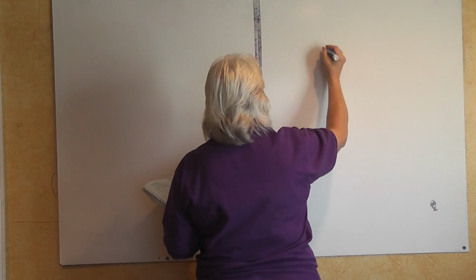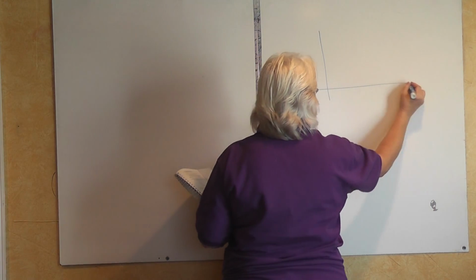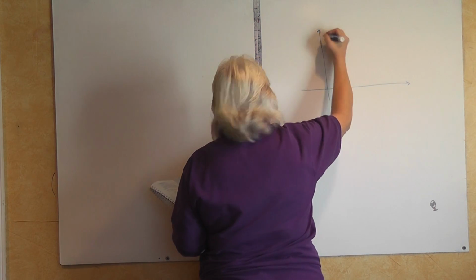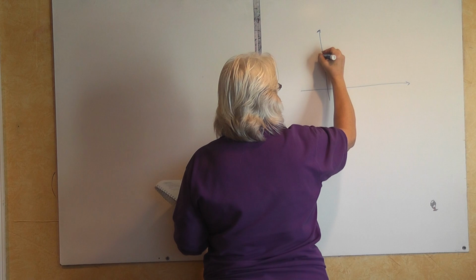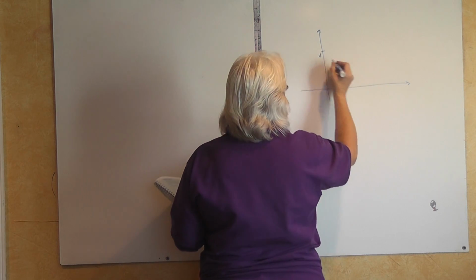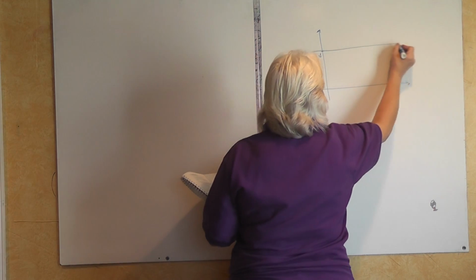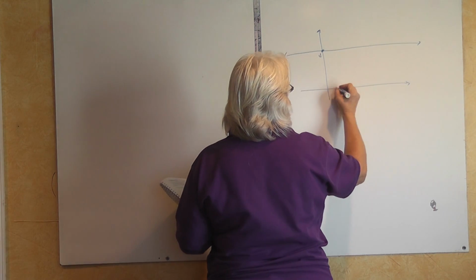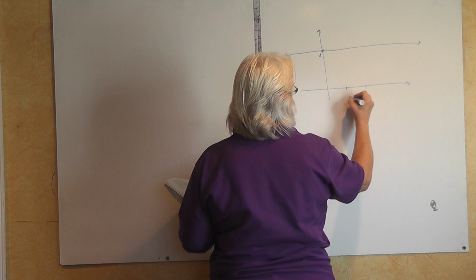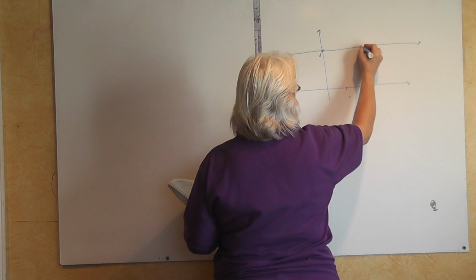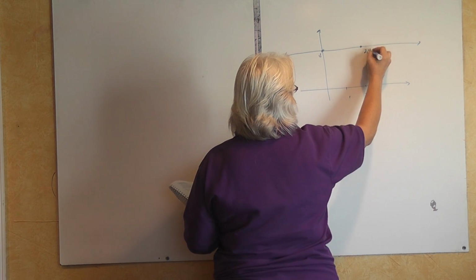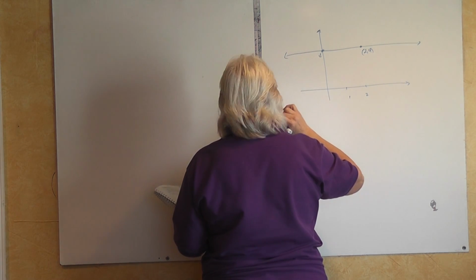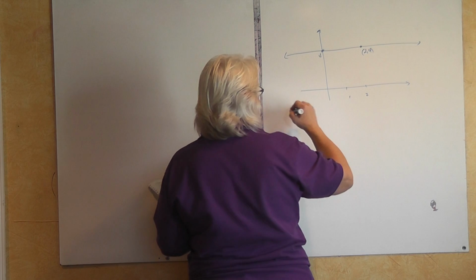Now let me just go ahead and sketch this right quickly for you. This is not neat, but that's okay. This is the point 2, 4. And this is the point 7, 4.